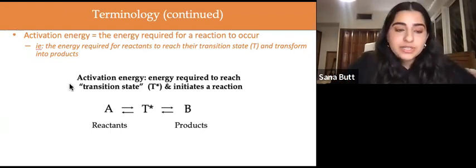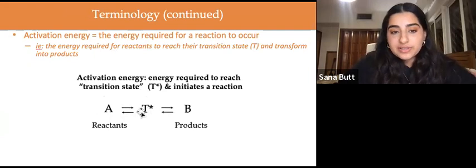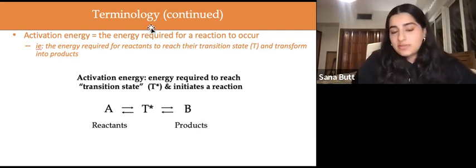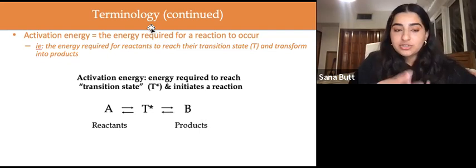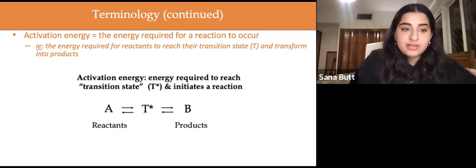Here, from Dr. Al-Jada's slide, there's a little diagram that shows A as your reactants, which transforms into its transition state before it can reach the point at which it can transform into a product. This is important because enzymes utilize this idea of activation energy and a transition state, and they speed up this entire process by lowering the activation energy to reach a transition state. We'll talk more about this in a minute as well.